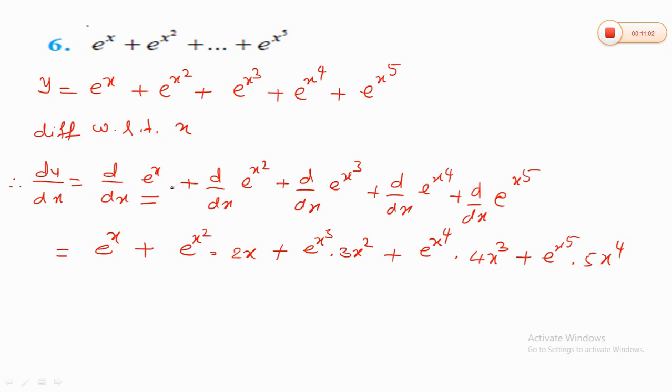So I will explain once again. e^x is as it is; e^(x^2) is e^(f(x)), and the derivative of x^2 is 2x. So note this one.